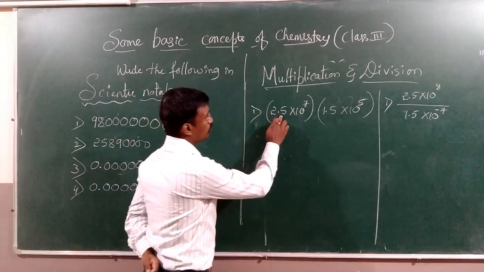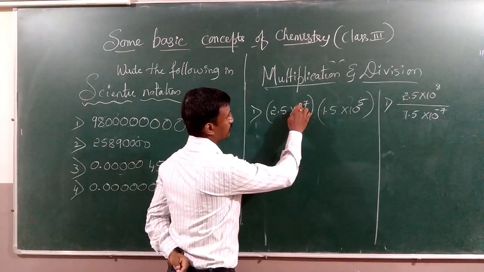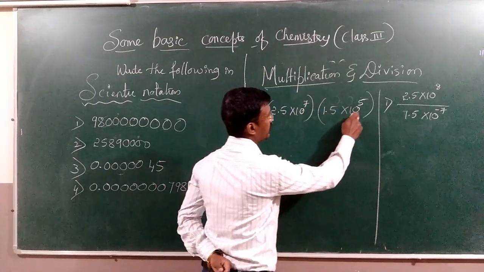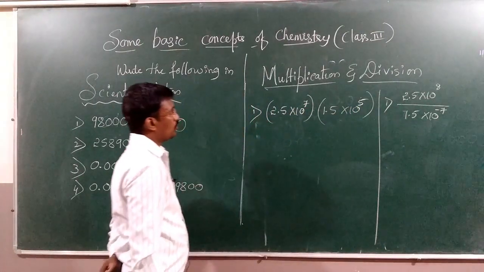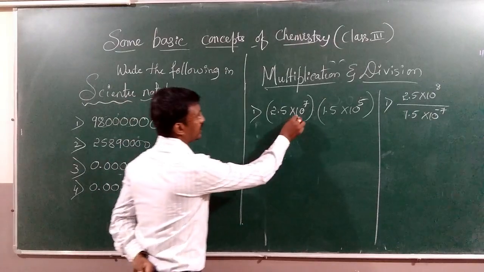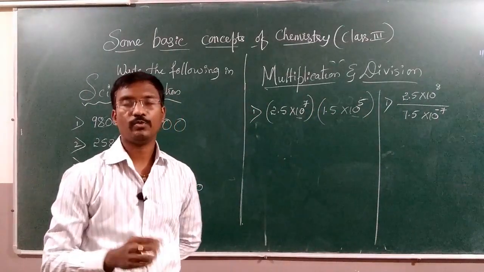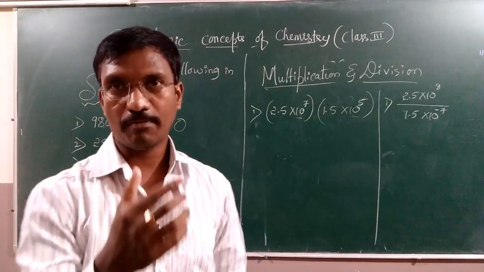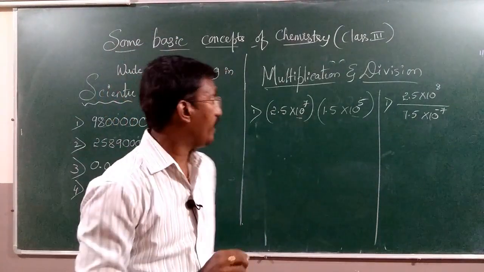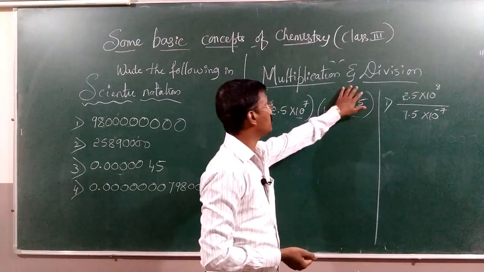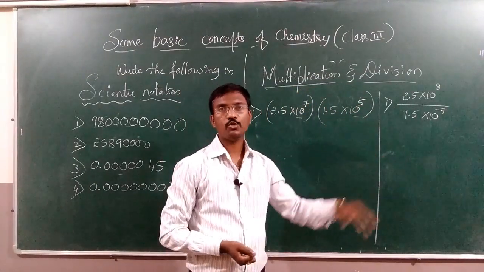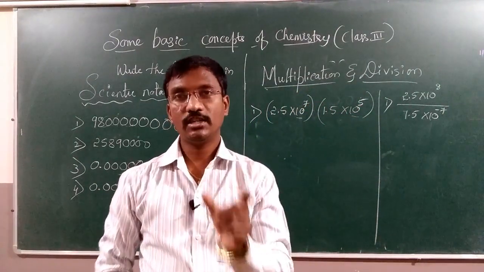So here 2.5 into 10 raised to 7, the power is positive, and here also the power is positive. What you have to do: 10 raised to 7 and 10 raised to 5 may be positive or negative. We are not considering whether the power is positive or negative while doing multiplication and division. There is no restriction.